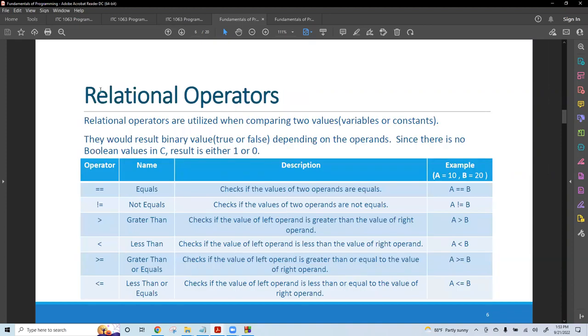Let's go to the relational operators. Relational operators are all binary operators. What does that mean?